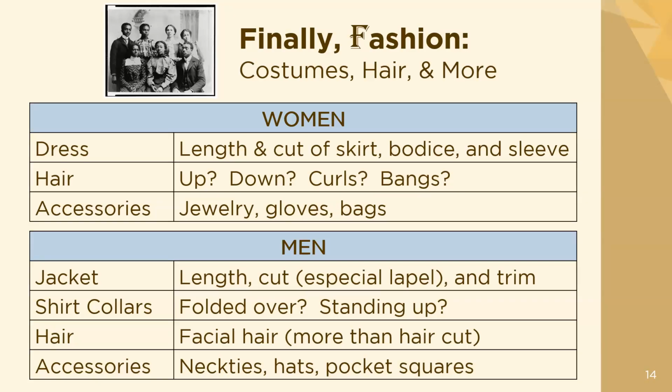Were there shirt collars? She shows a standing-up collar, but shirt collars were detachable. It was easier to wash a shirt collar than the whole shirt. So they were detachable, where they folded over.